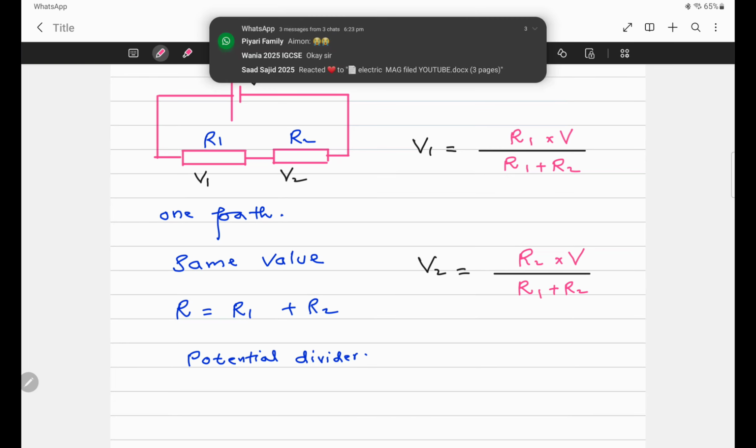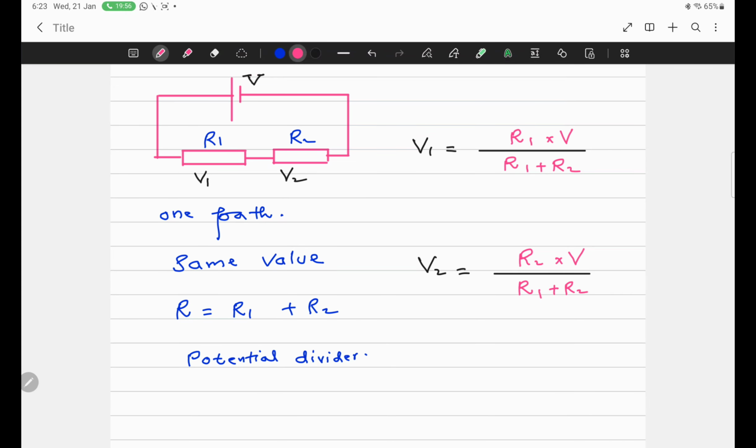So note down this formula, and I'm not interested to practice this formula right now because we are going to solve a question from past paper sheet and then we will apply this formula in that question. ठीक है बेटा? We will use this formula in the next question.